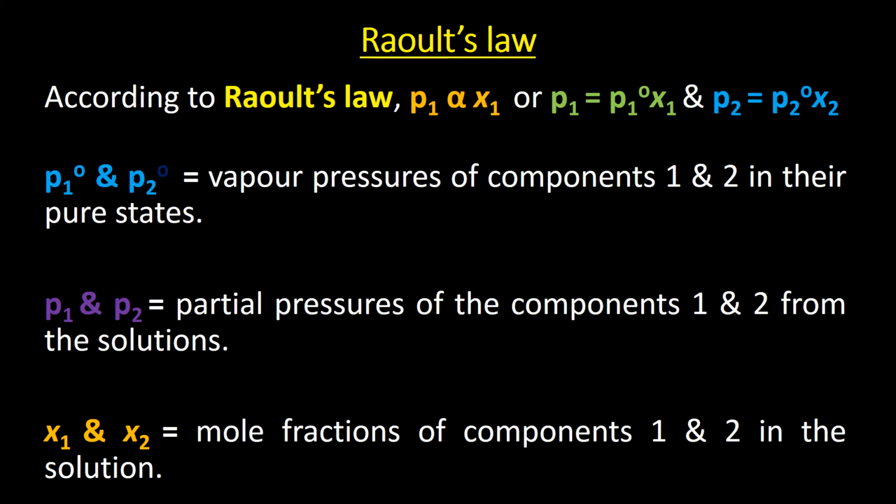Here P1 naught and P2 naught are the vapor pressures of components 1 and 2 respectively in their pure states, and P1 and P2 are the partial pressures of components 1 and 2 from the solutions. X1 and X2 are the mole fractions of components 1 and 2 in the solution.